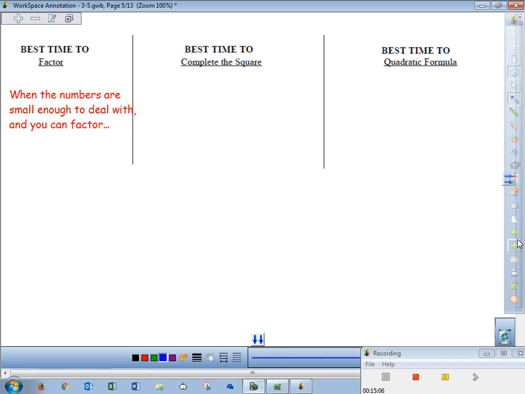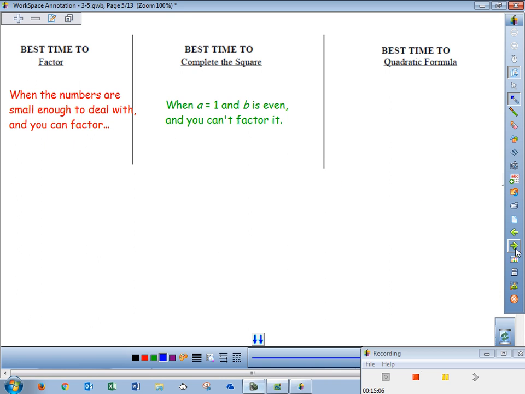You don't want to spend time finding two numbers that multiply together to be 3,571 and add together to be 1,020. That's just ridiculous to waste your time with. So the best time to factor is when the numbers are small enough to deal with, and you can actually factor it, because as you saw, we can't factor every single one of them. Now if you need to pause the video to write this down, please pause the video. But the best time to factor is basically when you can do it.